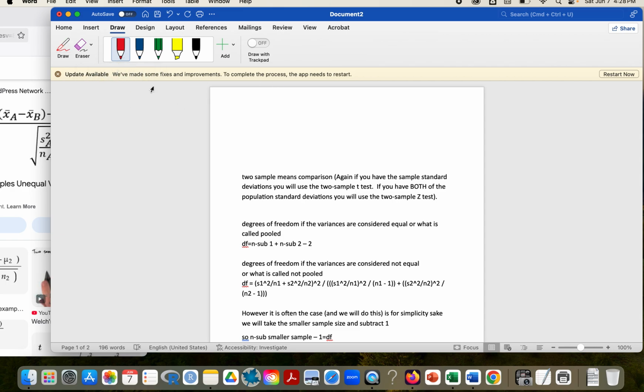There it goes. It's still not letting me draw. What's going on is we have two distributions. So the men's value has a mean here, and the women's value has a mean here. And you have two distributions based on the standard deviations from the sample.